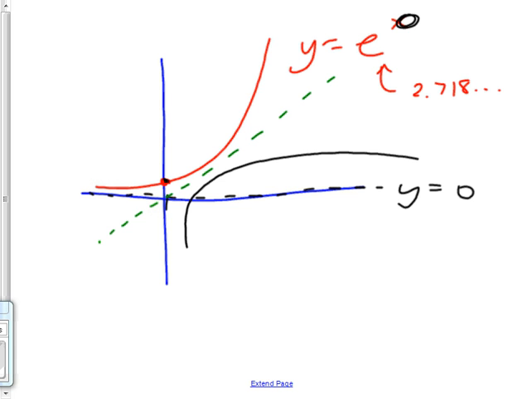That's its inverse. Now I should make it actually continue to rise. All right. That black one, that is the graph of log base e of x to be exact. The natural log.